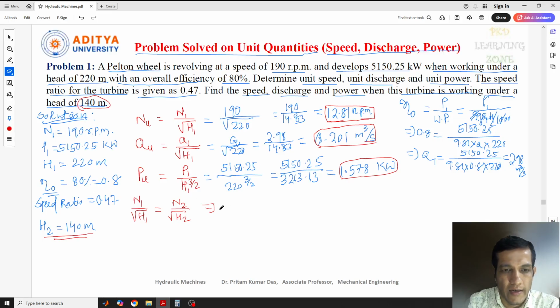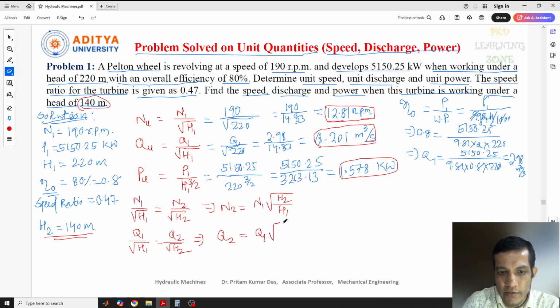So the second speed is N2. If I want to calculate N2, I can write N1 into root over H2 by root over H1, so N2 equals N1 root over of H2 by H1. Similarly for the discharge, Q1 by root over H1 equals Q2 divided by root over H2, so Q2 equals Q1 root over of H2 by H1.